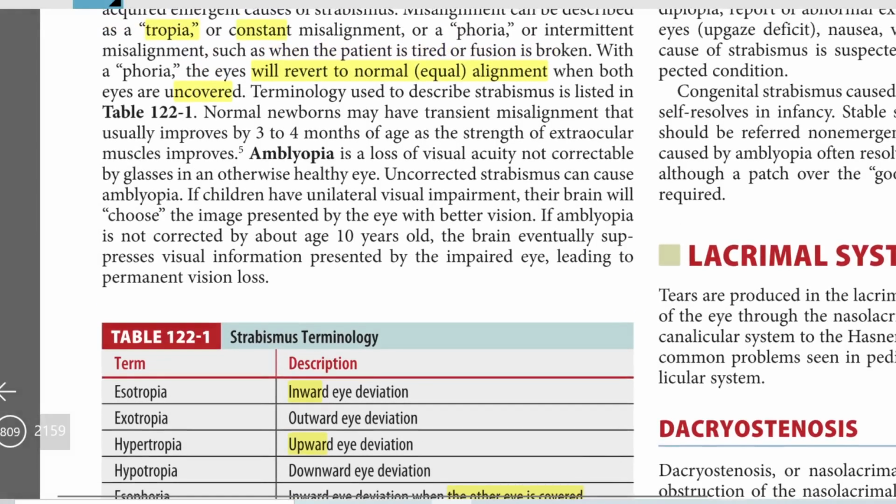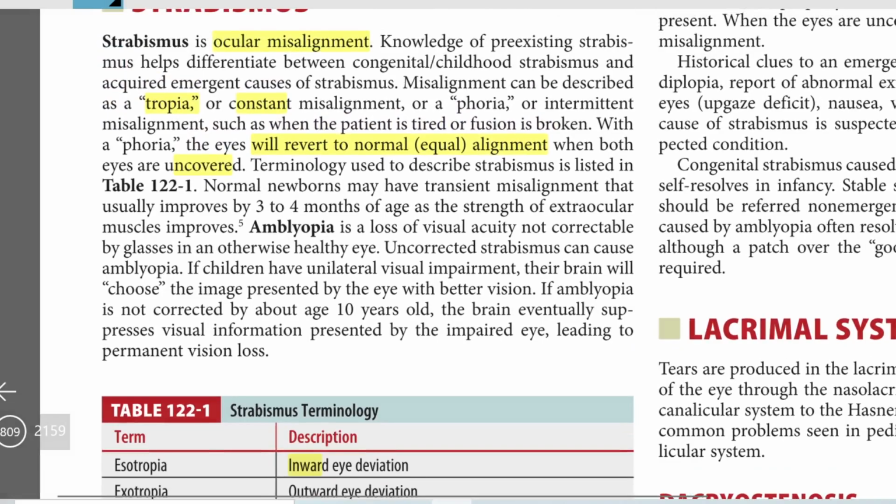Okay. So the normal newborns may have transient misalignment that usually improves by 3 to 4 months of age as the strength of extraocular muscles improves. Amblyopia is a loss of visual acuity not correctable by glasses in an otherwise healthy eye. So it's a loss of visual acuity that is not even correctable by glasses.